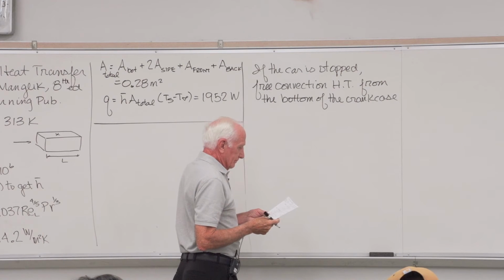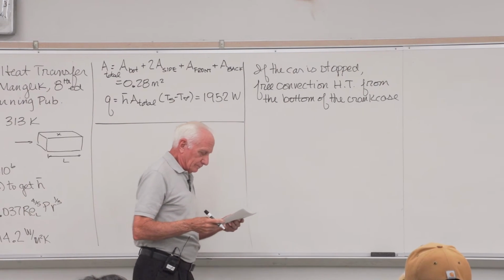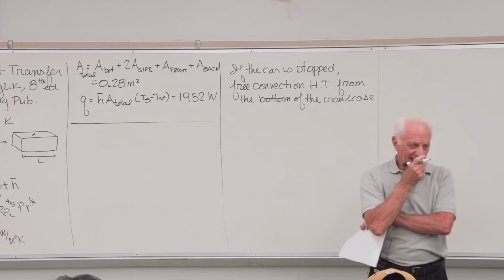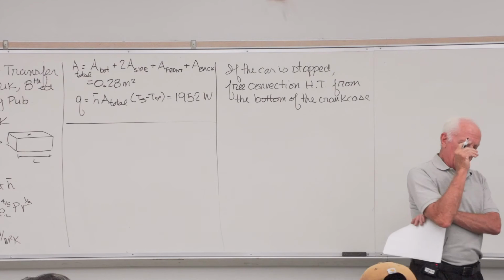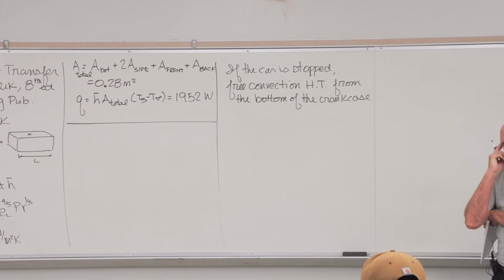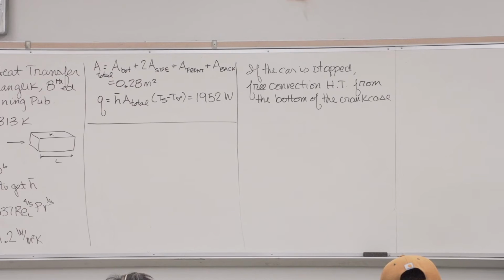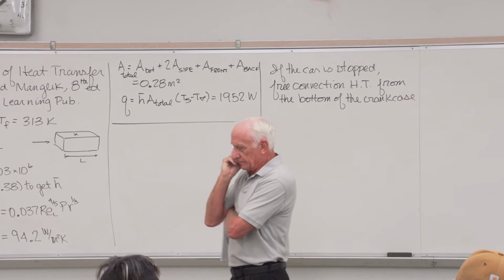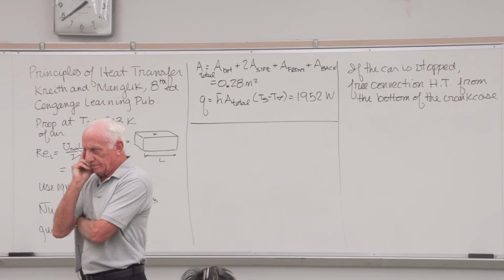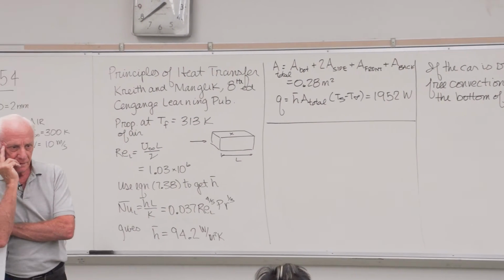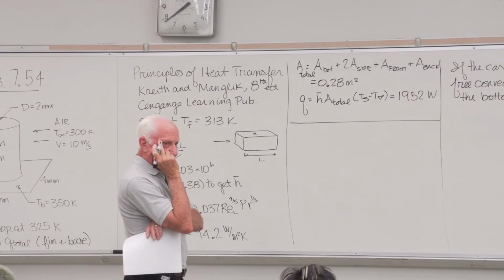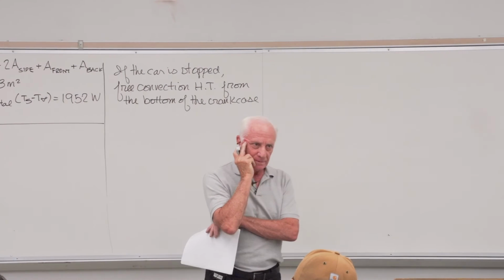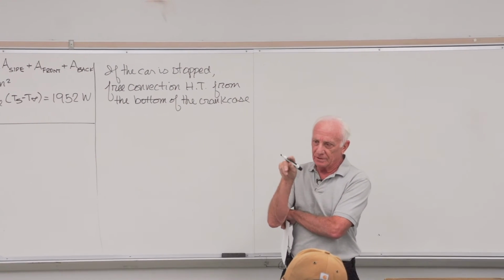Okay. Chapter 9. The decision you've got to make: what does the surface look like? It's a horizontal flat plate. Okay, got it. Second question: is the plate hot or cold? Okay, the plate's hot. Third question: are you looking at the top or bottom of the hot plate? The bottom. Got it. That leads you to the correct equation.